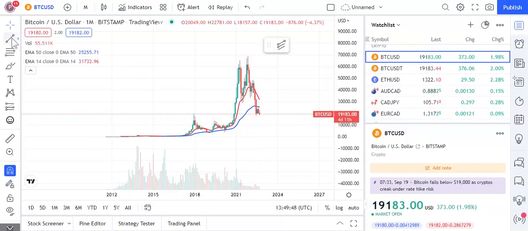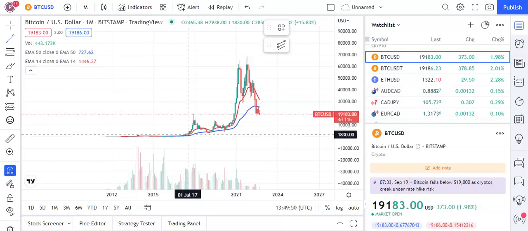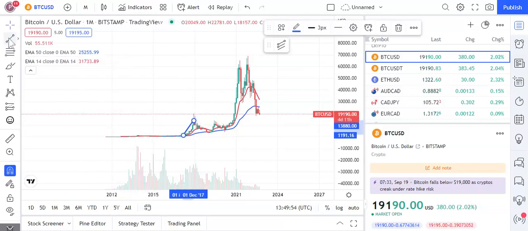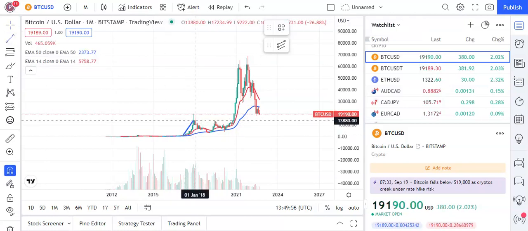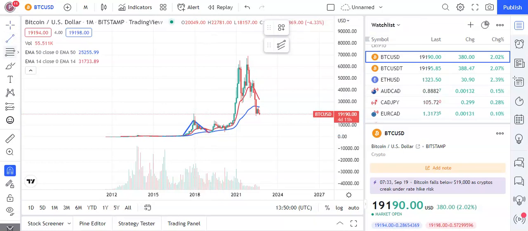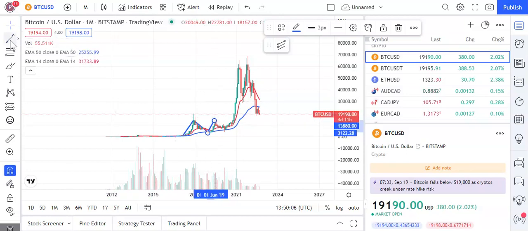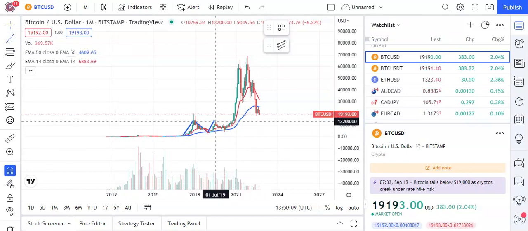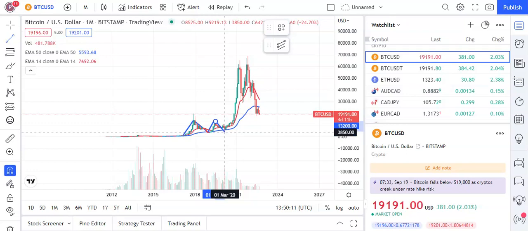How do I mean? Let me use the trend line to show you what I mean. Look at it here. Price came from this point, then dropped down. Are you seeing it? Went up, retest the same point, dropped down, now flew up.